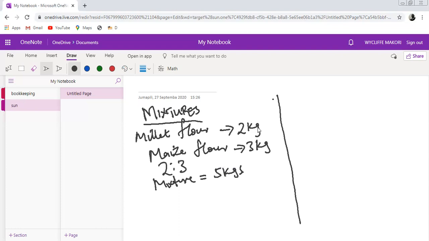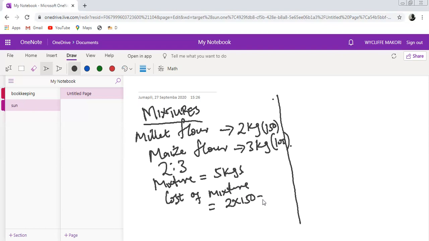Now, if we say 1 kg of millet is being bought at 150 shillings per kg, and the maize is being bought at 100 per kg, what you realize is that the cost of the mixture will be equal to 2 times 150.